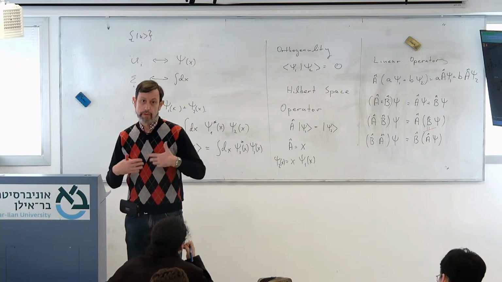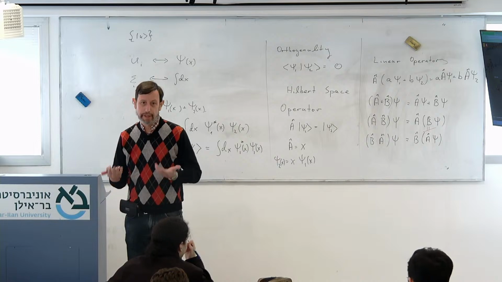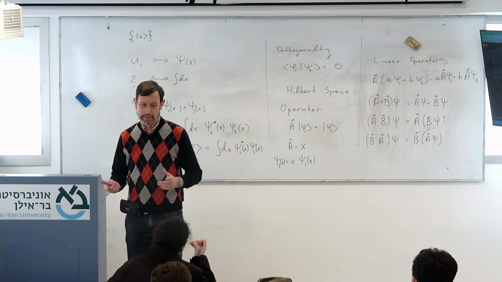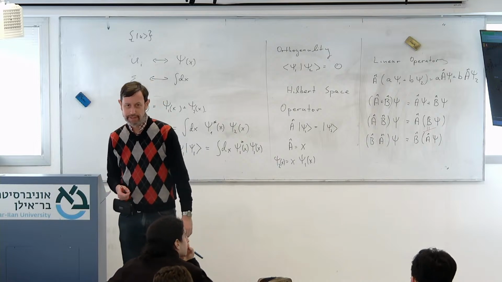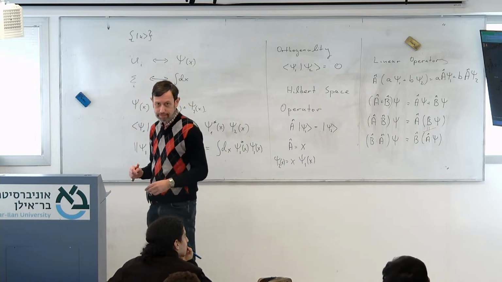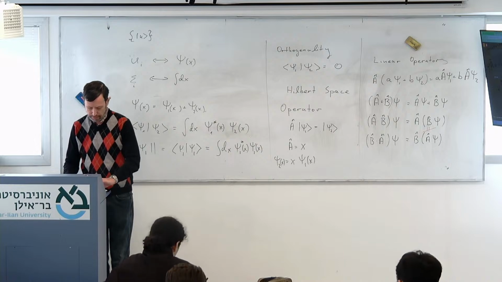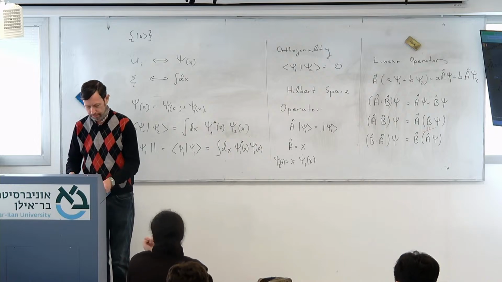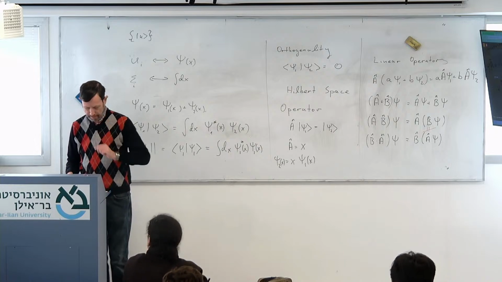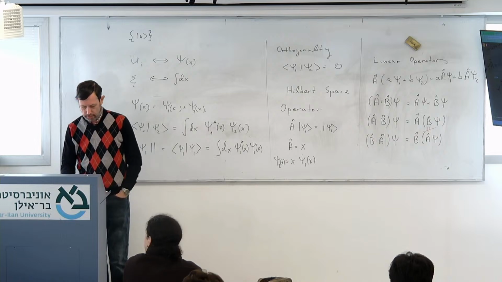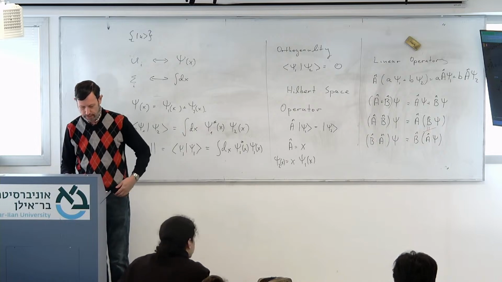Because, remember, operators are matrices, and multiplication of matrices is non-commutative. We'll show shortly an example. Okay, not shortly, we'll show now.